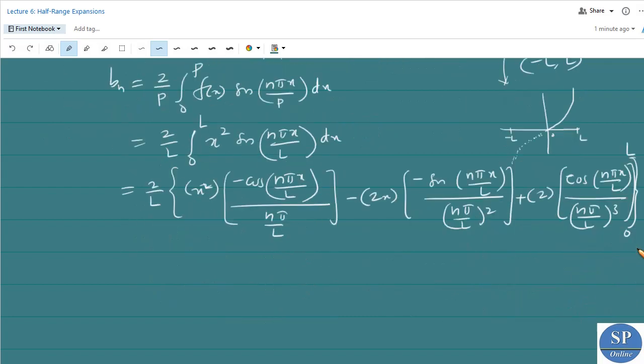Now we are going to apply the limit, that is 2 by L into, here we have negative L by n pi into applying the limit, that is we have L square into cos n pi minus applying 0, we have 0. Now here negative into negative, that's plus. So 2 into L square by n square pi square can be taken outside.